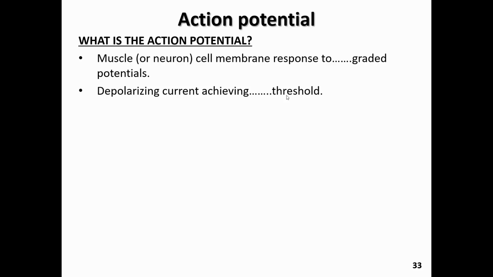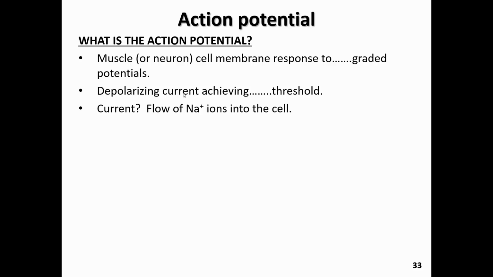So the polarized state of -60 moves a little bit below -60, a little bit above -60. But if there's a signal that's going to try to move the -60 in a depolarization direction, there's a critical threshold that would cause the cell to fully depolarize. And we'll see that on the next slide.